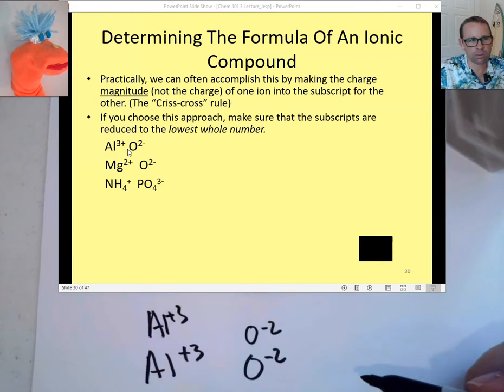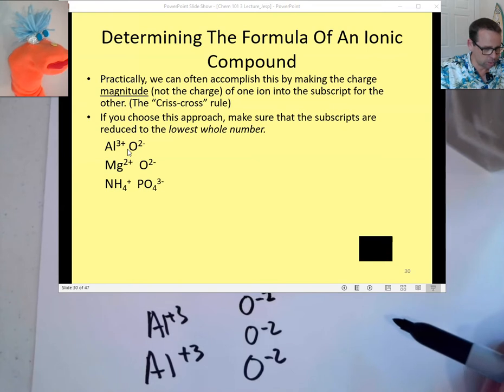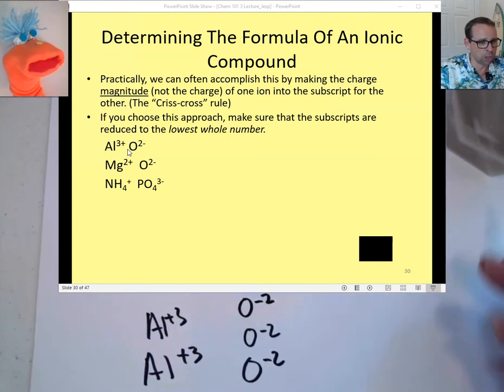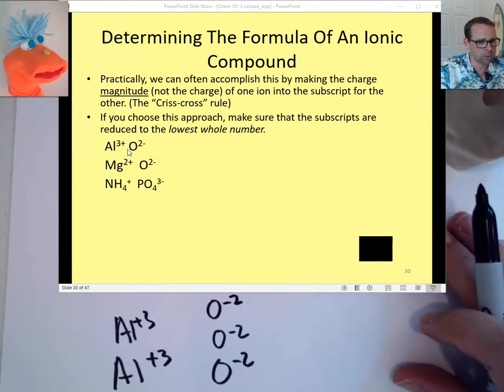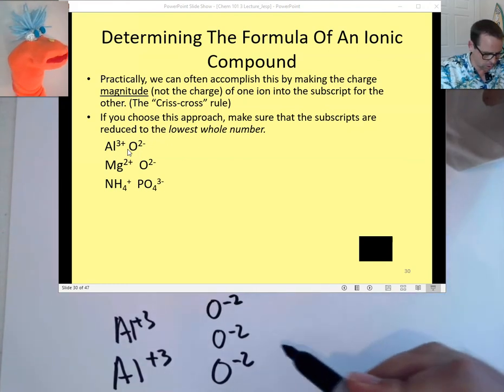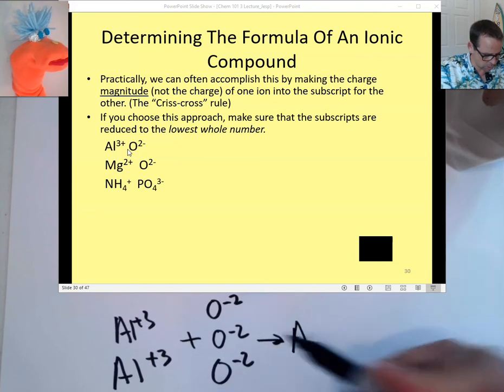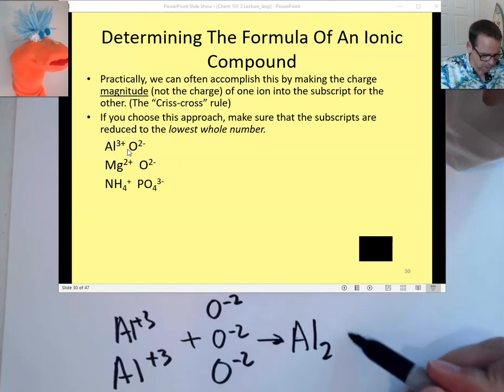That's too much now, huh? Yeah, now I need more negative, but that's the right number right there, because now I've lost 6 electrons from the aluminums, and I've gained 6 electrons by the oxygens. Very good. So the resulting compound is going to be Al2O3.